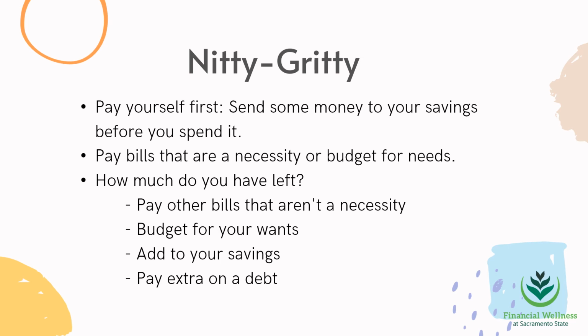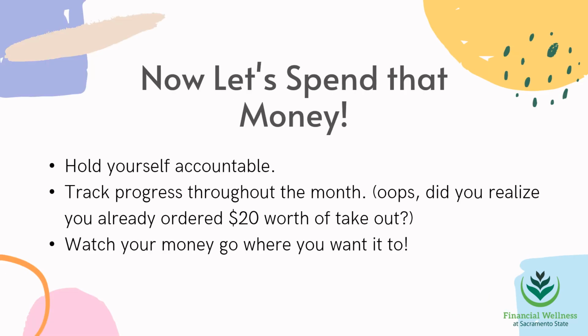Then take a look at how much you have left. After you've put some money for your savings goal and you've put the money for your needs, how much do you have left? You can pay other bills that weren't a necessity to you. You can budget for your wants. You can add more to your savings goal. And you can pay a little extra on a debt if you want to pay extra on a credit card bill. And then you get to spend that money.